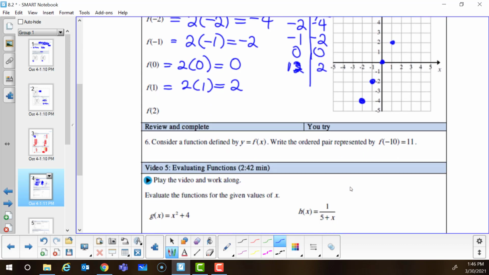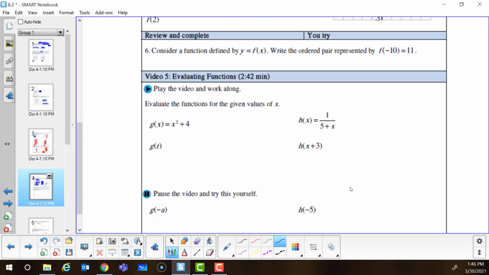I could have functions that look like this at the bottom of the page. So not only could I put in numbers, I could also put in letters. Now you're not going to have this very often. Let's change that up and do g of 3 instead, because we're really not going to put other variables into this course. We're doing numbers.